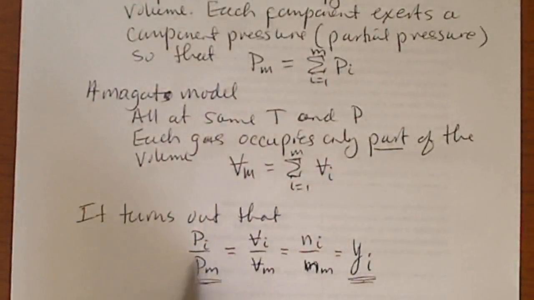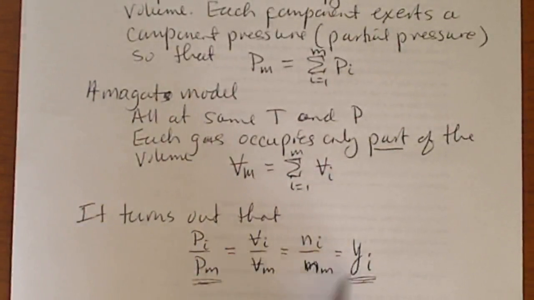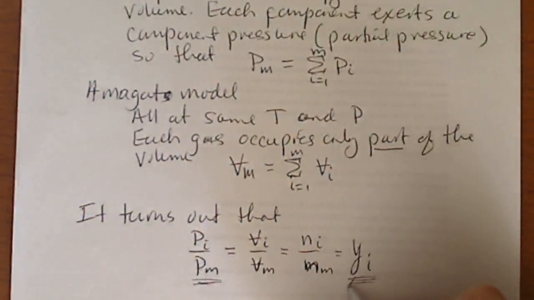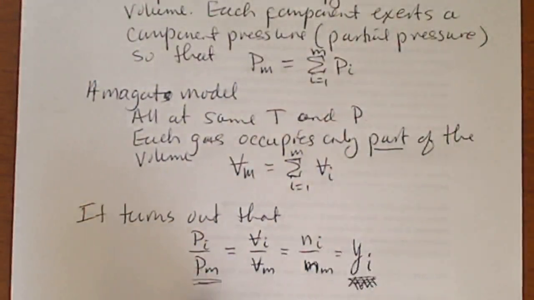If we know the total pressure and we need to know the partial pressure, if we know the composition of the gas, that's all we need to know, and then we can find it. So this mole fraction that we were just talking about earlier becomes an important piece of information for us in analyzing a mixture of ideal gases.